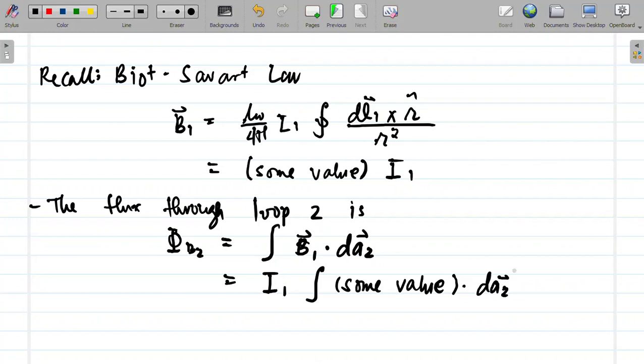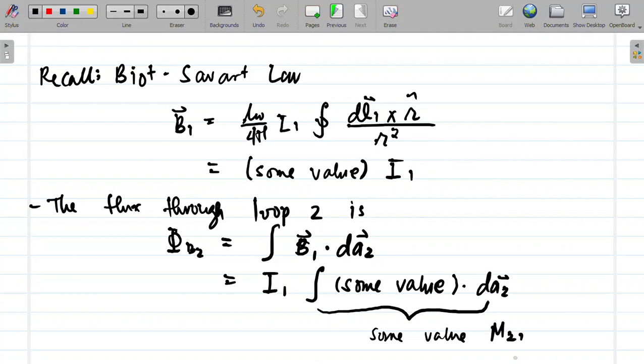Tas class again, ang definite integral na to, tawagin na naman nating some value ulit, kasi ang definite integral function lang naman yung nilalabas niyan. So let's say this is some value again, M21.